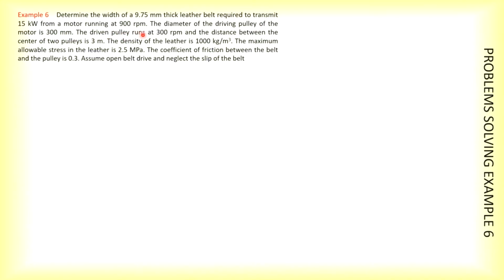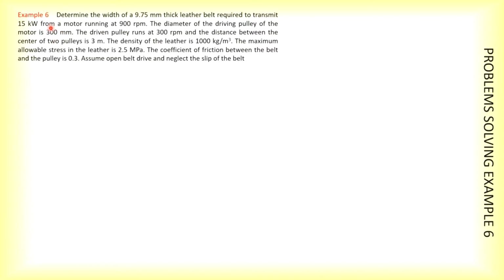The driven pulley runs at 300 RPM. You see there's a driving pulley and a driven pulley. So you take a look, the driving pulley has a speed of 900 and the diameter of the pulley is 300 millimeters.